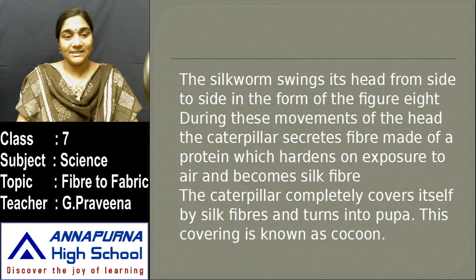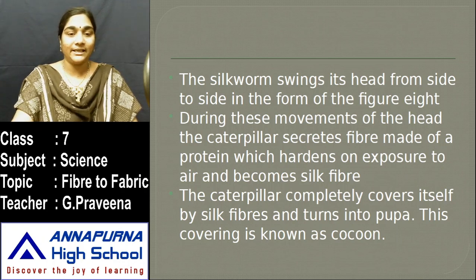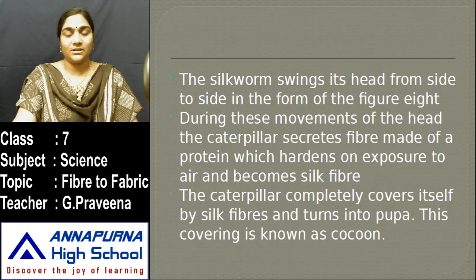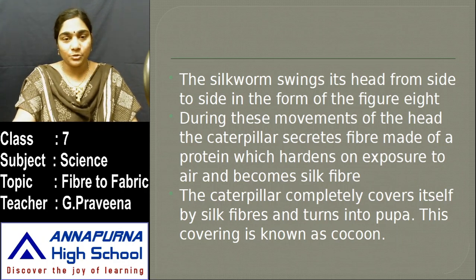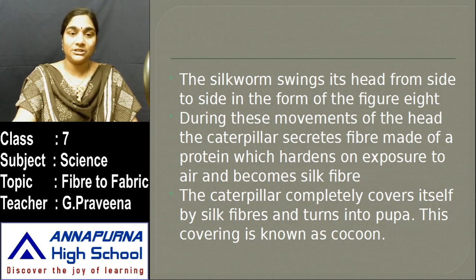Now this white covering is known as the cocoon. The cocoons which are produced are of different structures and textures. Some might be very smooth, some might be rough. The texture of the cocoon depends on the moth. Different types of moth produce different types of silk, and the textures of the different silks are also different.